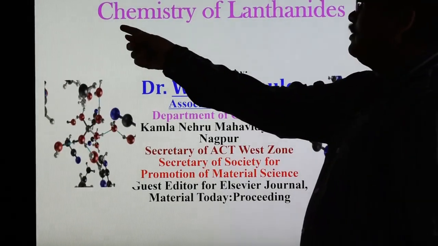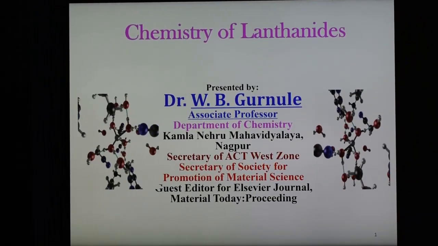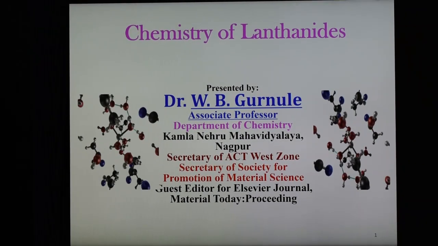in the periodic table. After that, the electronic configuration, then atomic and ionic radii, and some properties of these lanthanide elements. So the topic is the chemistry of lanthanide, and F block elements have two series.